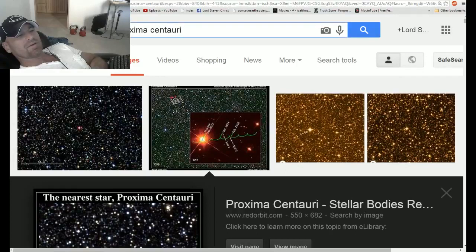Proxima Centauri, the closest star. See guys, stars are tiny. They're created by multi-bubble sonoluminescence. They're very small and they're very close to us. And most of them are pretty much fixed. There's a few free floaters, but the free floaters are not indicating oscillating back and forth parallax.